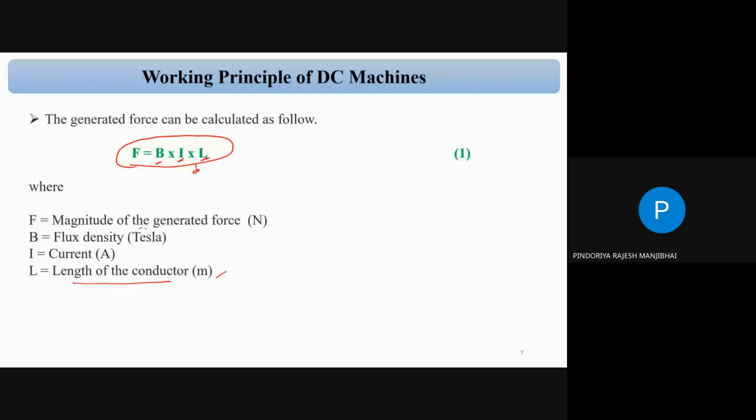F is the magnitude of the generated force in Newtons. This is a fundamental formula, equation number 1. The generated force is B, how much flux, I, current, and L, the length of the coil.